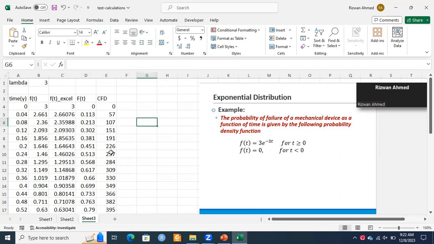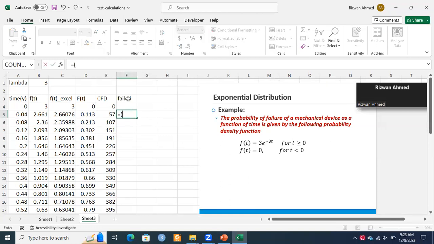Let's develop the lambda value. Where is that lambda value? Lambda value is the failure rate, right? Number of components failing from the original quantity. Let's see how we calculate that. If I count the number of failed components in interval, failed in time, how many components failed from 0 to 0.4?